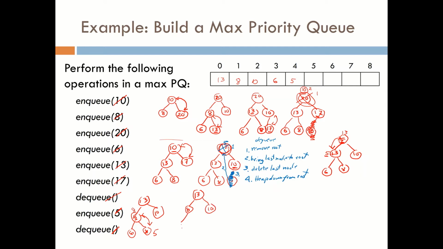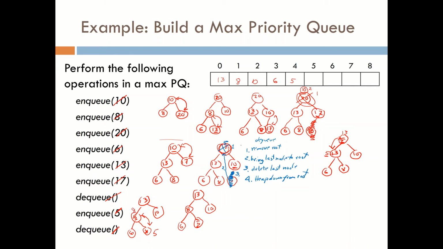Okay, here's 6, and here's our 5. Okay, now we heap down until we're either at a leaf or we no longer violate the heap order property. In this case, the 5 is at a leaf. This is the node that we started heaping down way at the top. It started up here, and we've gotten it all the way now to the leaf.